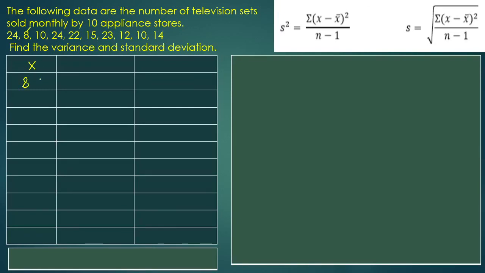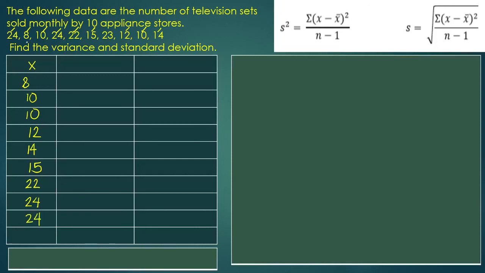Next we will have 10, two 10s. Next to 10, 12. Next to 12, 14. Next to 14, 15. Next to 15, 22. Then you have two 24s. Okay, 24, 24.